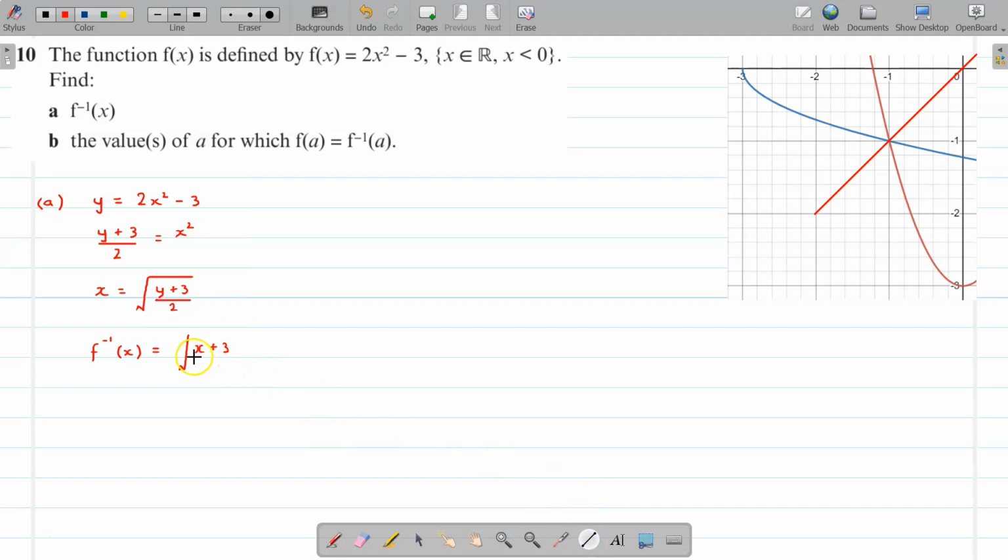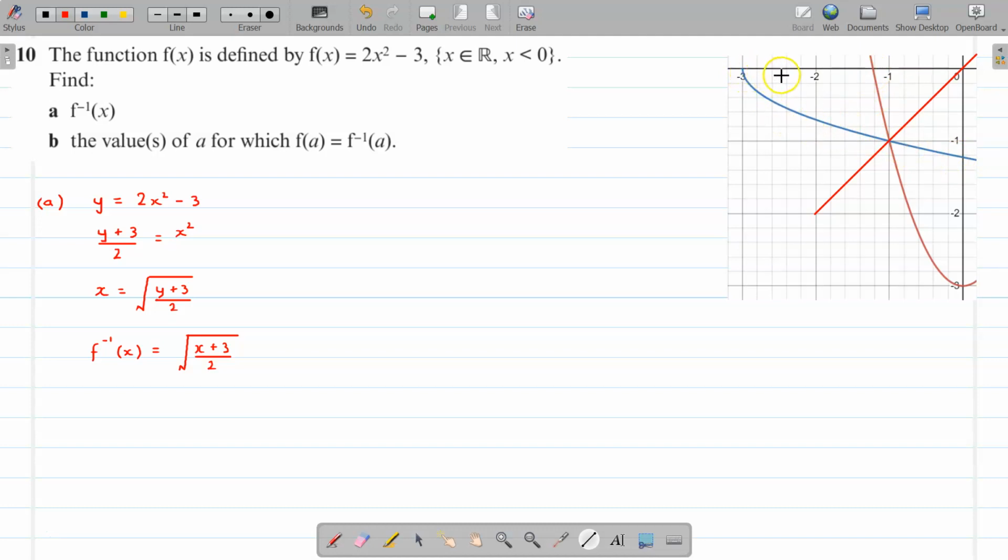And now we're going to consider whether we want the positive or negative part of it. Well, if you look at the sketch graph I've already done, you can see that the reflected part, which was the original part, the negative part to the left of the y-axis, has become the negative part of this.